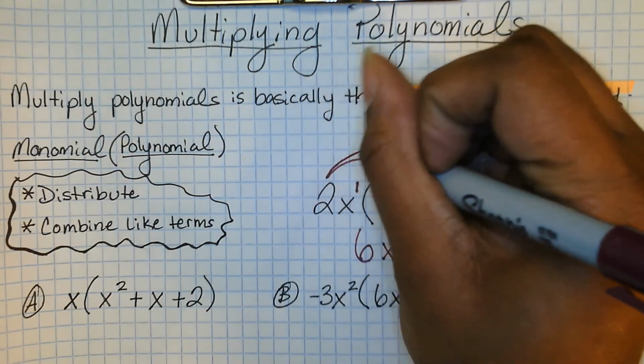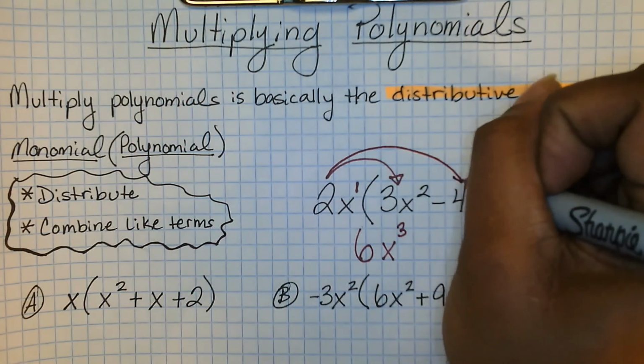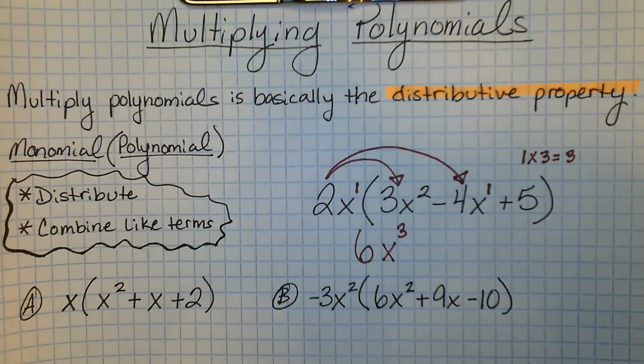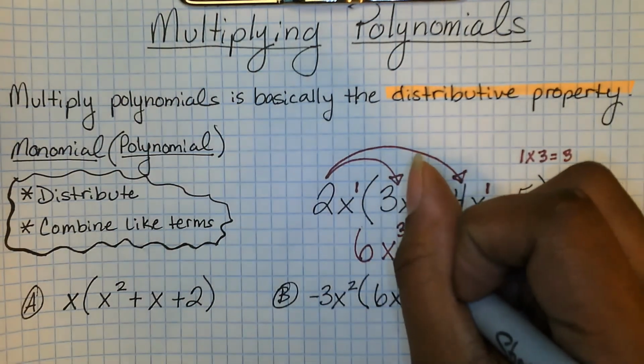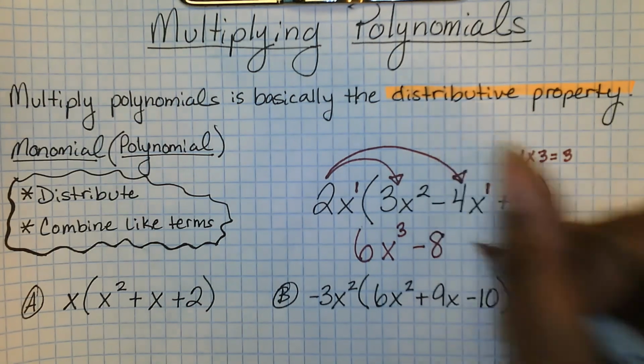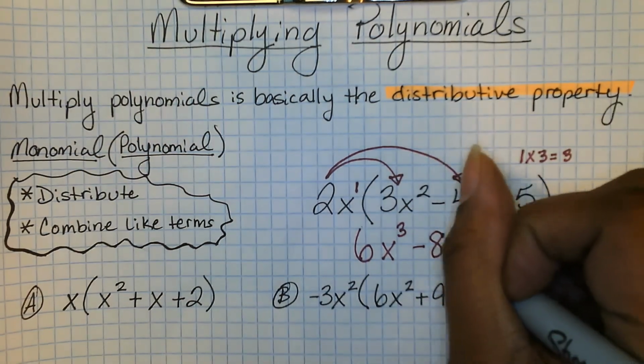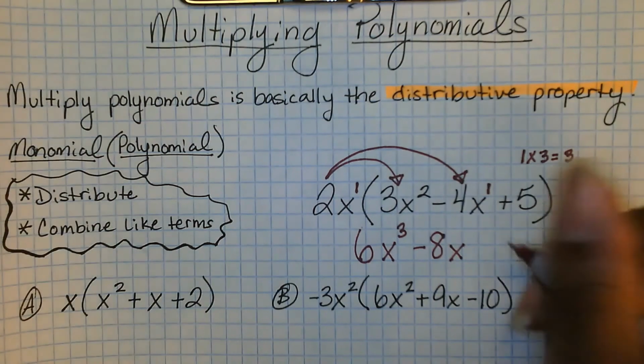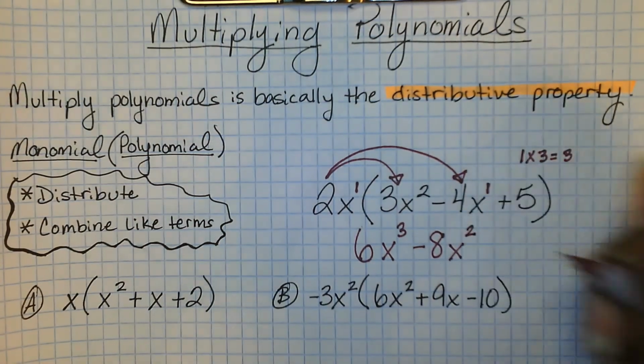Now we need to multiply the 2x times the negative 4x. Again, we multiply the coefficients. 2 times negative 4 is negative 8. We keep the variable and add their exponents. 1 plus 1 makes 2.